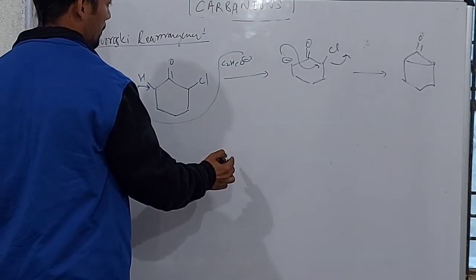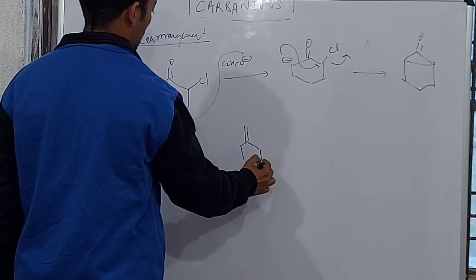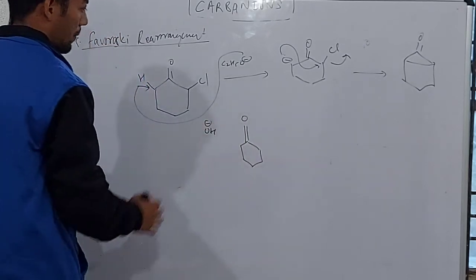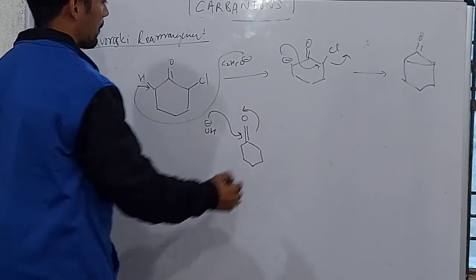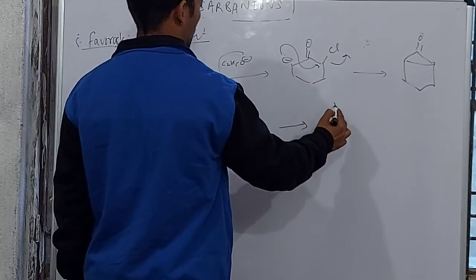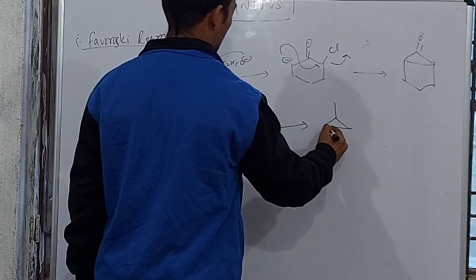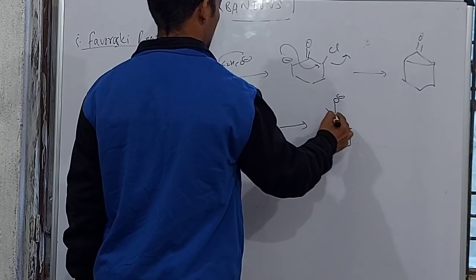And in the next step the hydroxide reacts at this position, and electrons from the double bond go to oxygen, therefore making it O negative here.